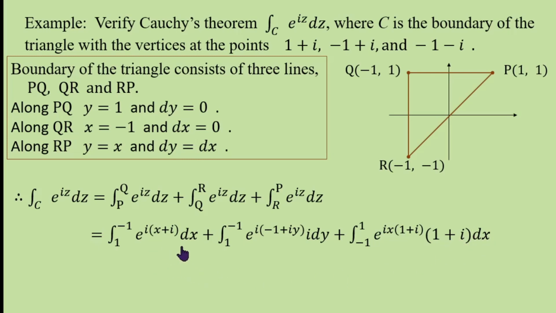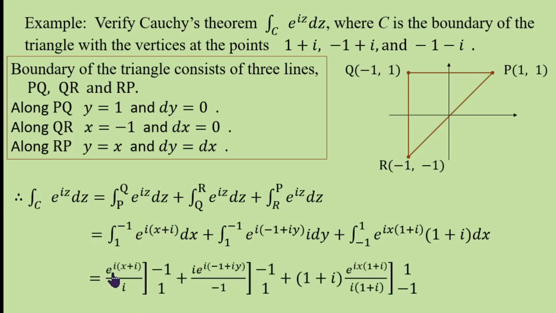Now carefully integrate. You know that integration of e power ax plus b is e power ax plus b divided by a. Therefore, integral of e power i into x plus i is e power i into x plus i divided by the coefficient of x, that is i.